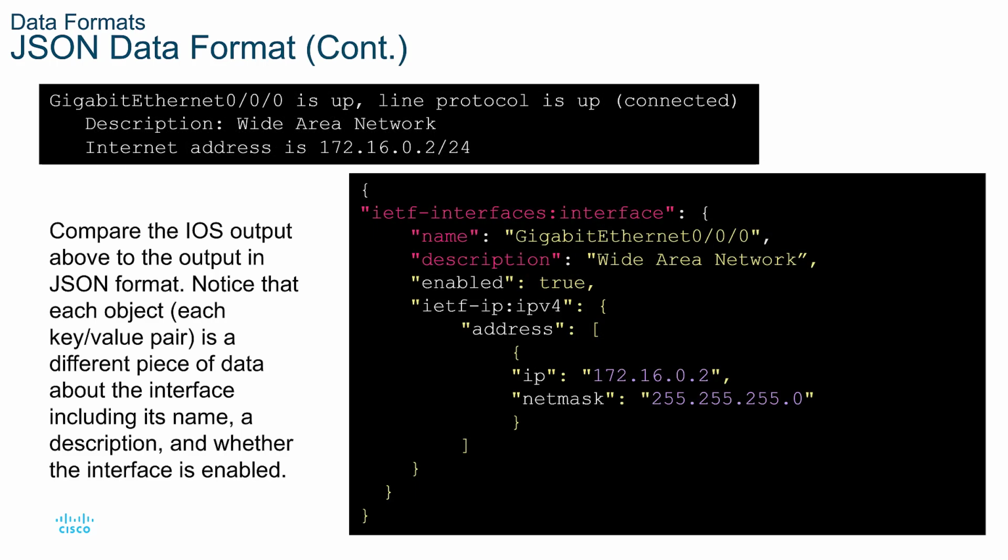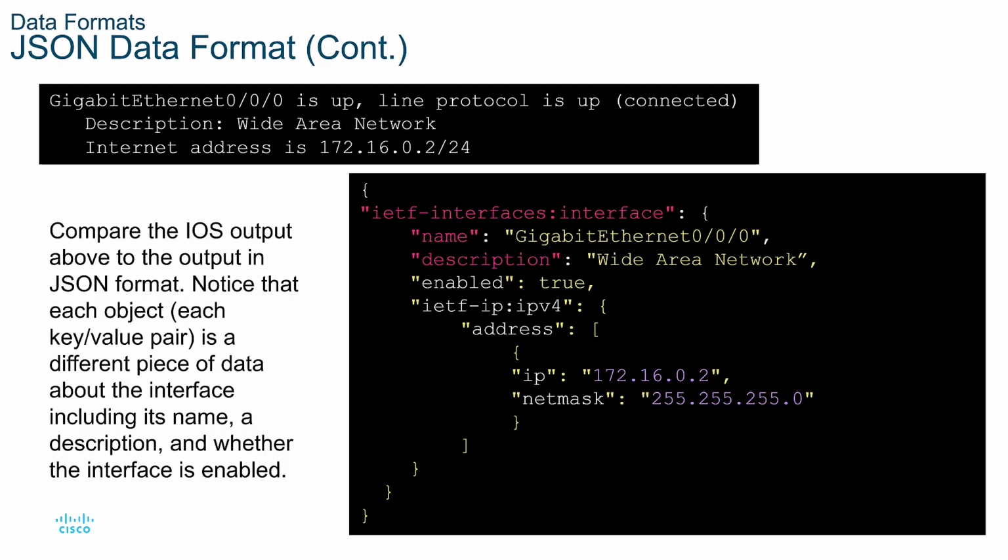So here we have a generic JSON portion. We have a gigabit 000 interface. It's up, it's available, it has a description. So what we can do is we can actually correlate some of this data. Inside the JSON, we can compare the iOS output to the JSON.